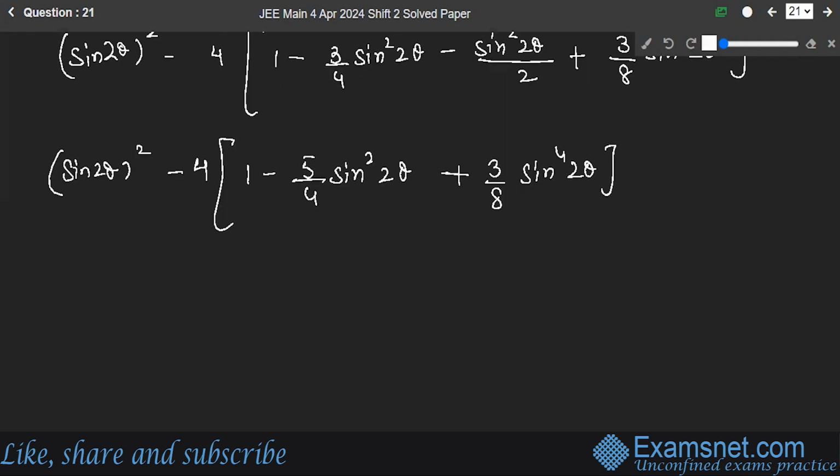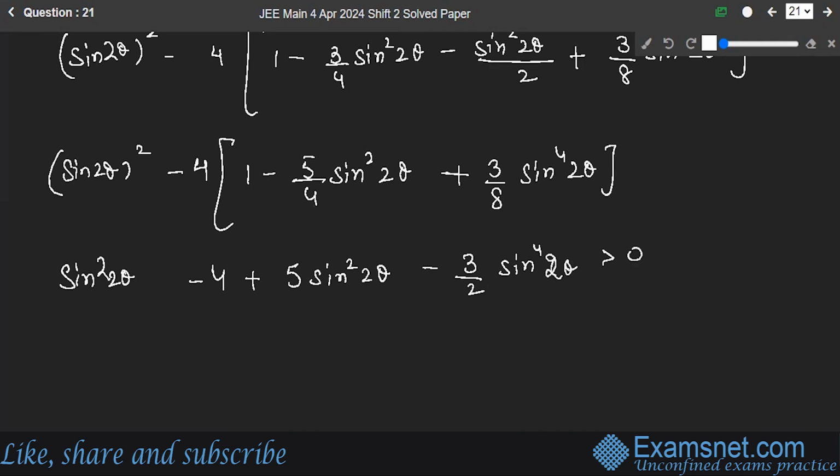Okay, let's open up this bracket also. So sin²2θ minus 4 plus 5 sin²2θ minus 3 by 2 sin⁴2θ.